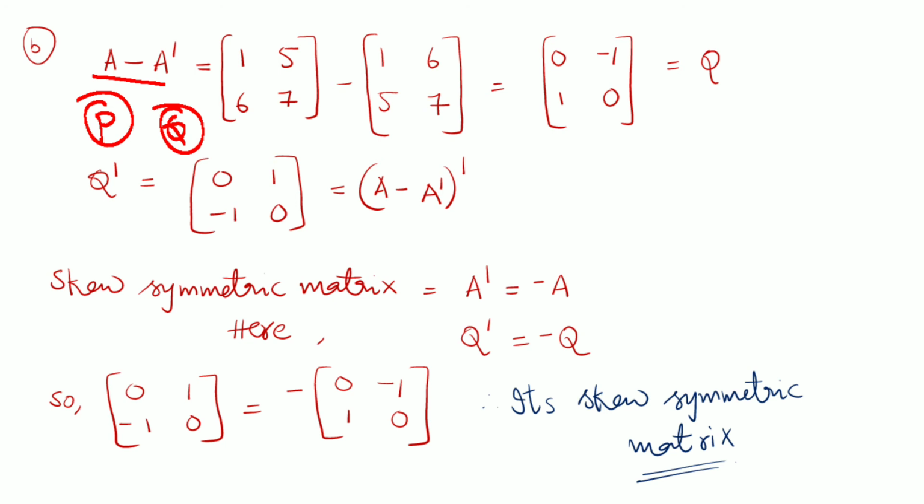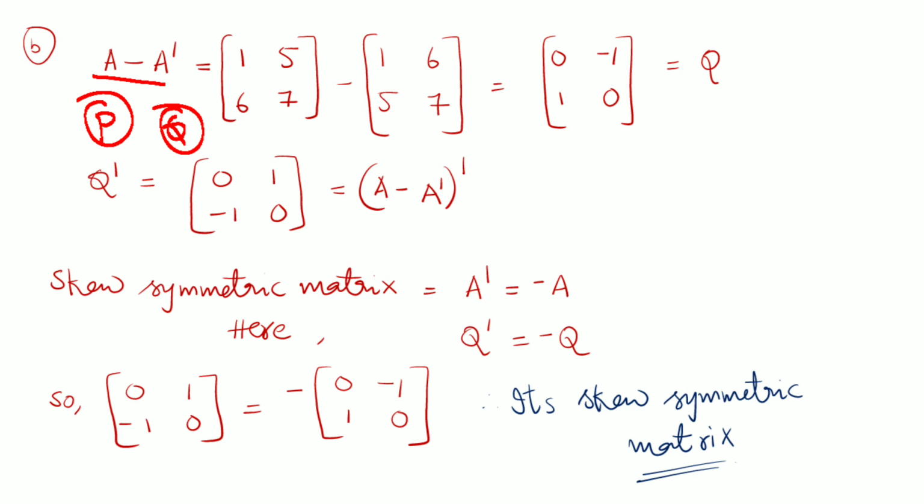You will get an answer. That answer you have to mark it as Q. And then you have to find Q dash. Q dash is your transpose of this Q, that is A minus A dash whole transpose.